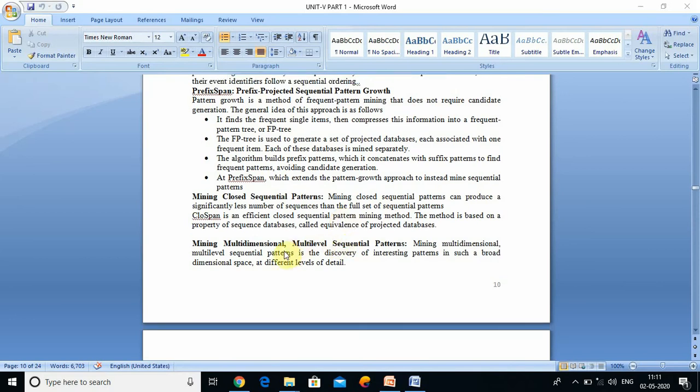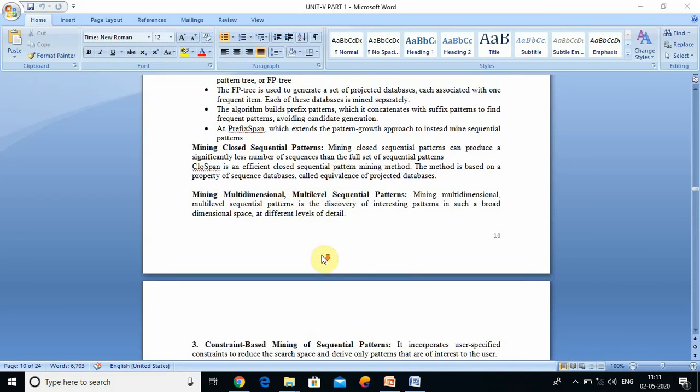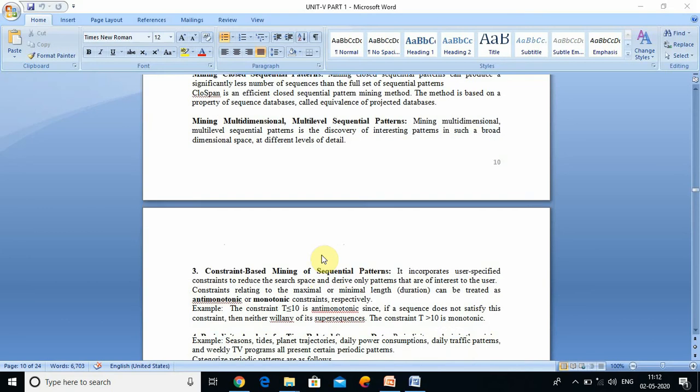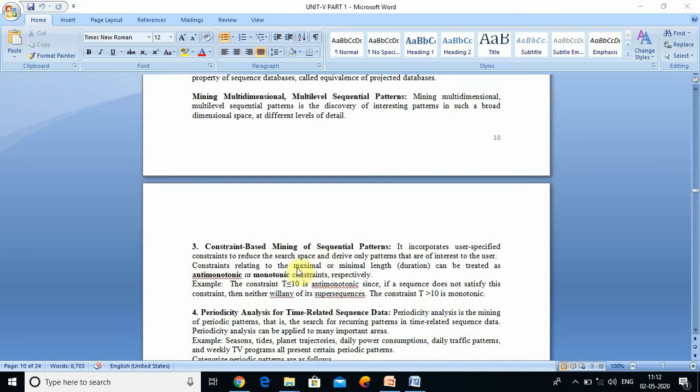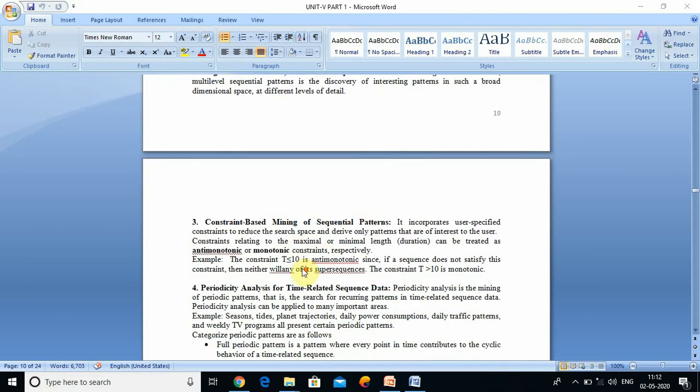Next, mining multidimensional, multi-level sequential patterns. This is the discovery of interesting patterns in such a broad dimensional space at different levels of detail. Next, constraint based mining of sequential patterns.